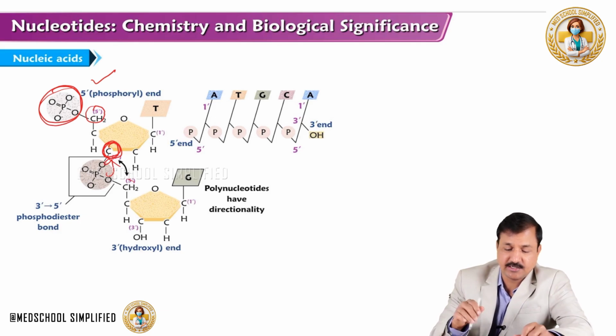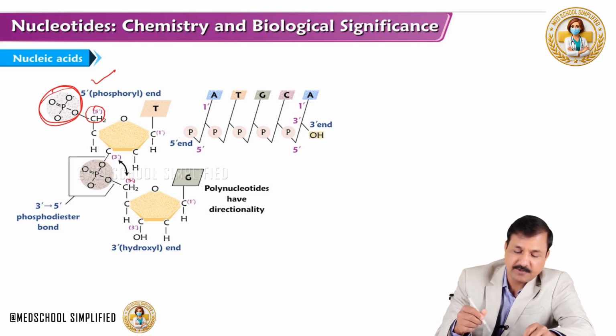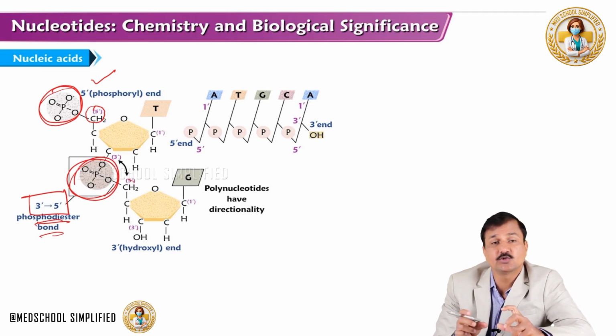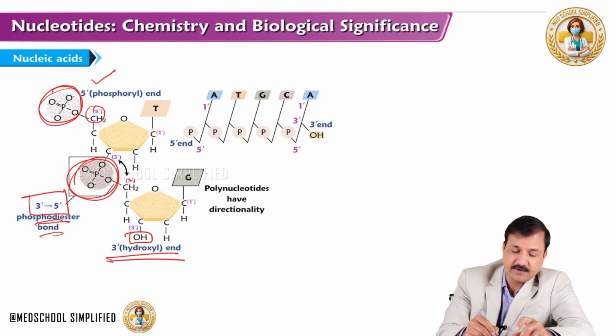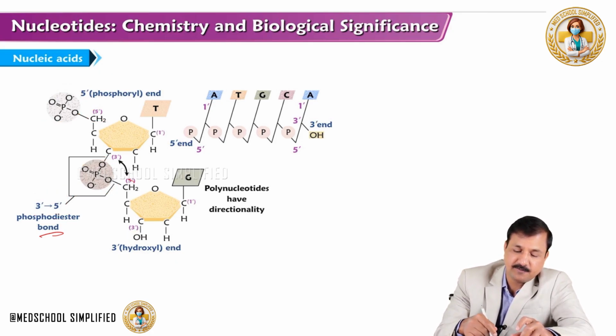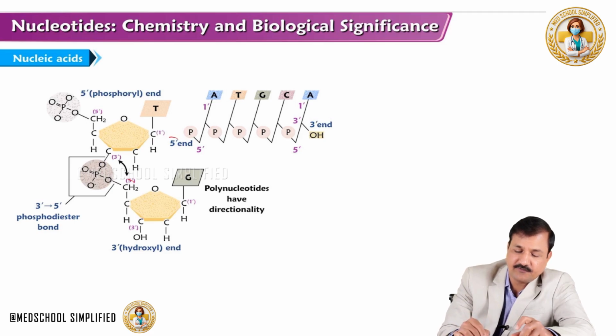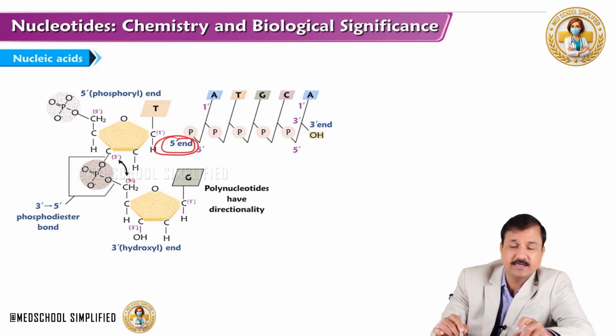That makes a connection between the 3' hydroxyl group and a 5' phosphate, making the 3',5' phosphodiester bond. This is the linkage that connects two nucleotides together. So this is the 3' hydroxyl end and the 5' phosphoryl end: 5' is the phosphoryl end and 3' is the hydroxyl group.